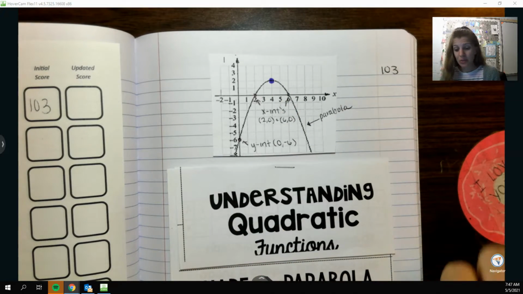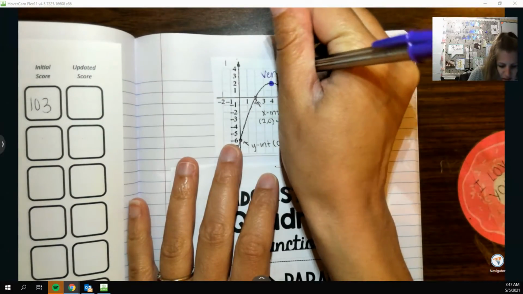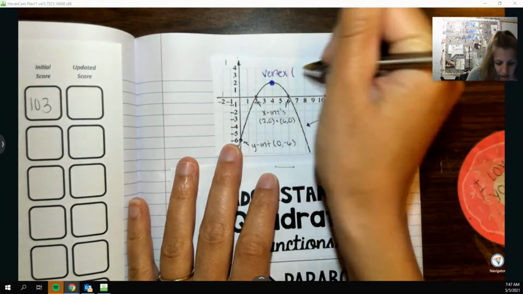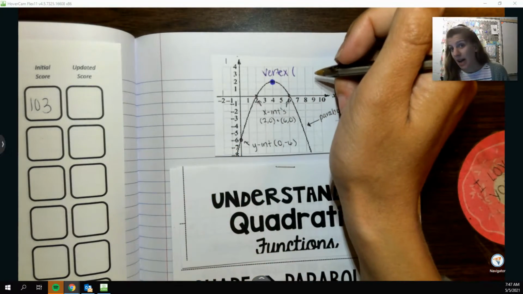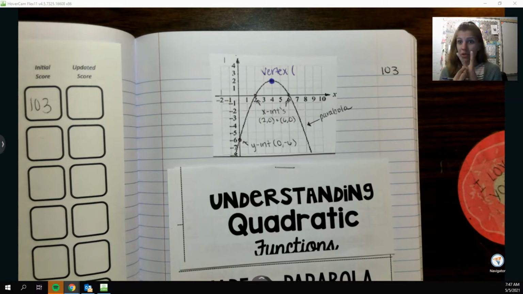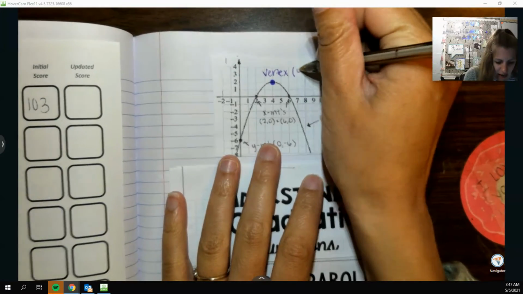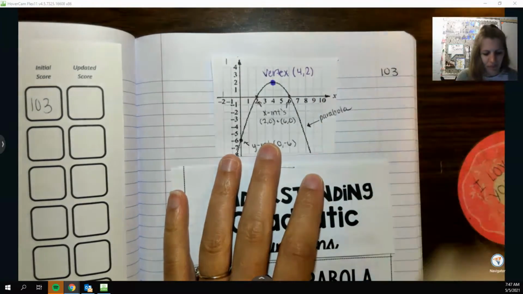So that point is super important, and it is called our vertex. We kind of had a vertex when we were graphing our absolute value functions. Those graphs always looked like a V and came to a point, and that point was also called the vertex. So our vertex here is at 4, 2.